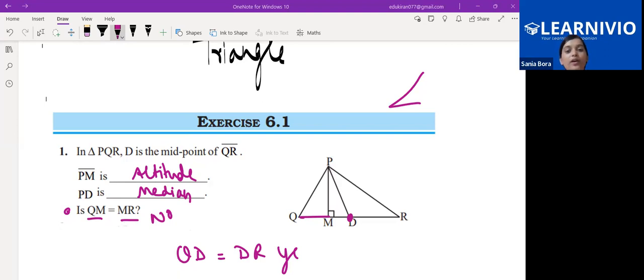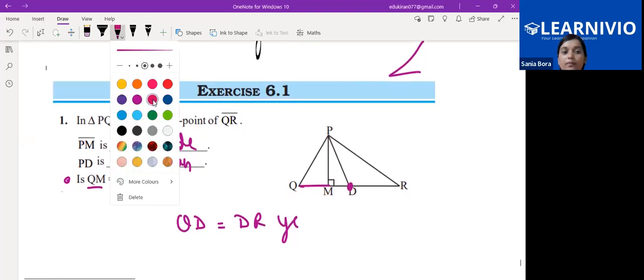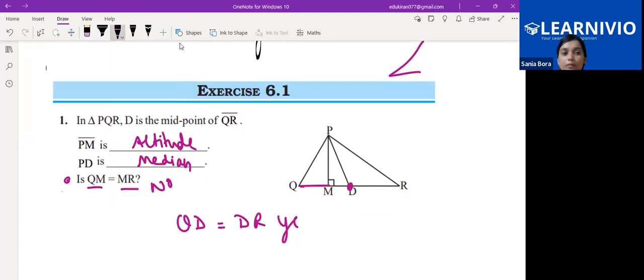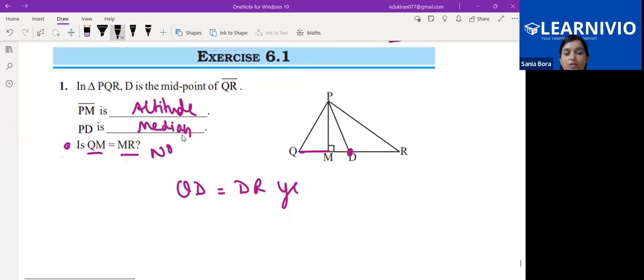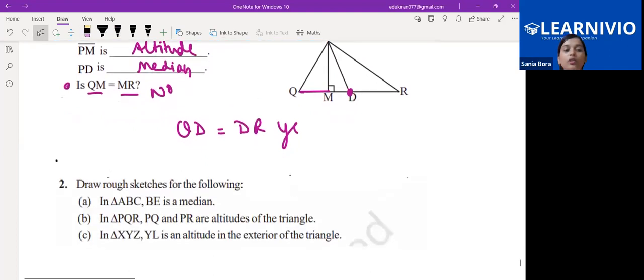So see, over here, of course, you have not done the notes, so it will be a little bit difficult. Hepzibah, you also just watch the recording once. Okay? Clear? Okay, Hepzibah, she has a network issue, I guess. Okay. Now this one, you have to draw the rough sketch of all this. Okay, quickly do it.